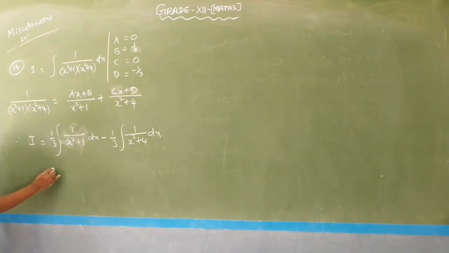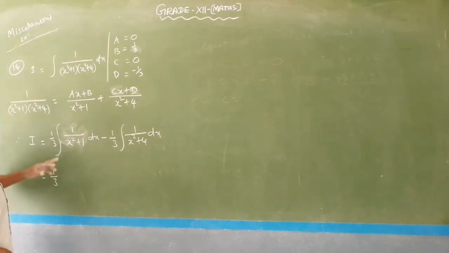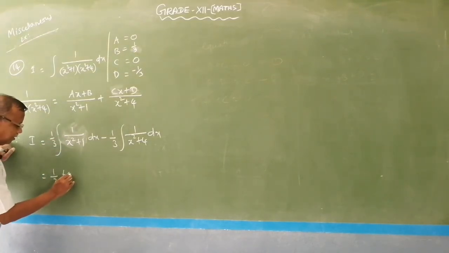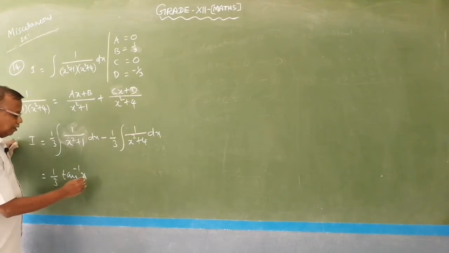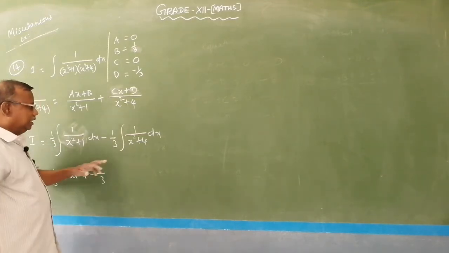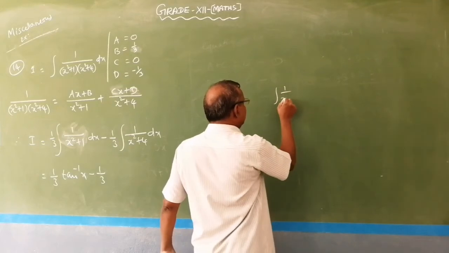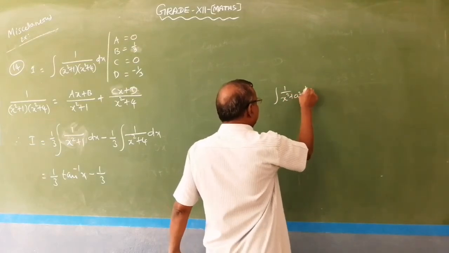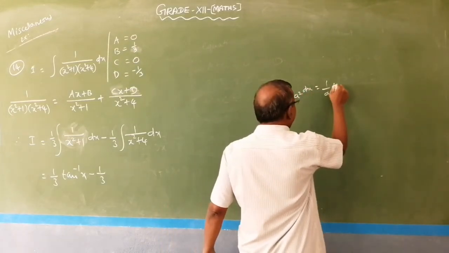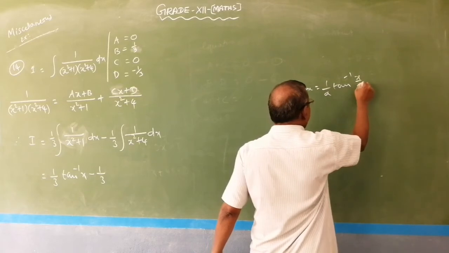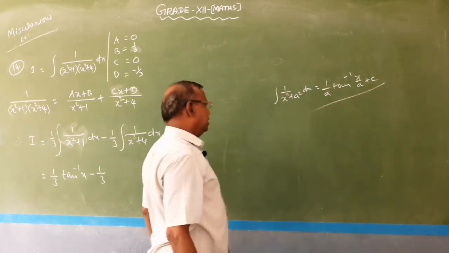Now, this is 1 by 3 into 1 by x square plus 1 means this is tan inverse of x, minus 1 by 3 into 1 by x square plus a square, that is integral 1 by x square plus a square into dx equal to 1 by a into tan inverse of x by a plus c. So, we have learned a formula.